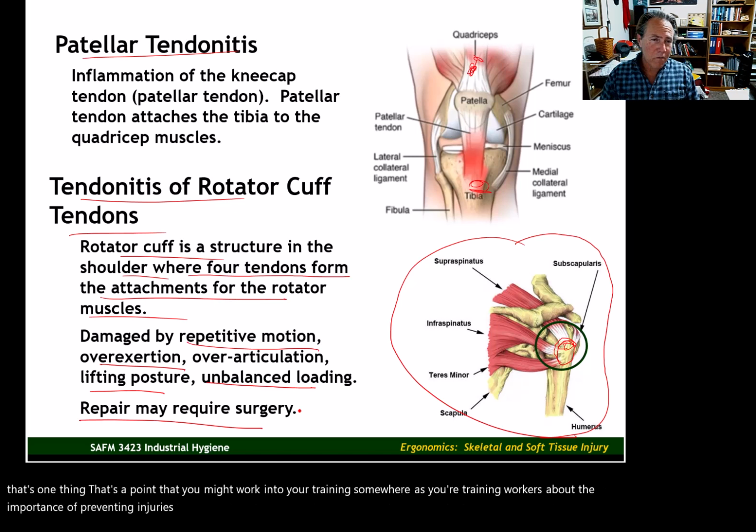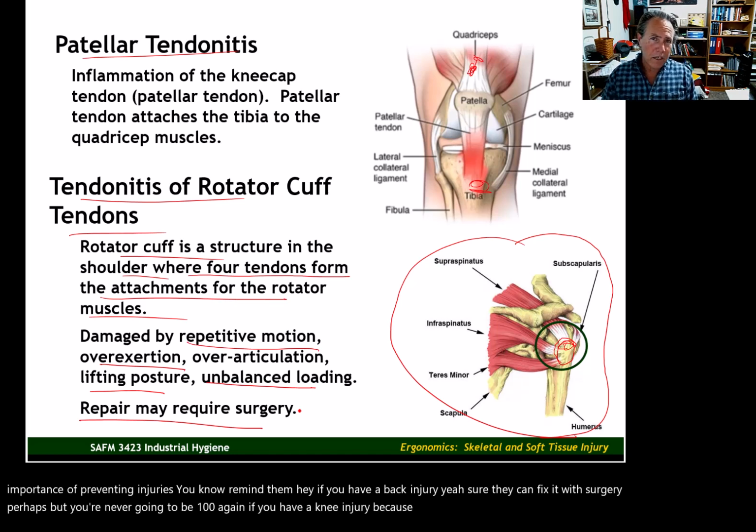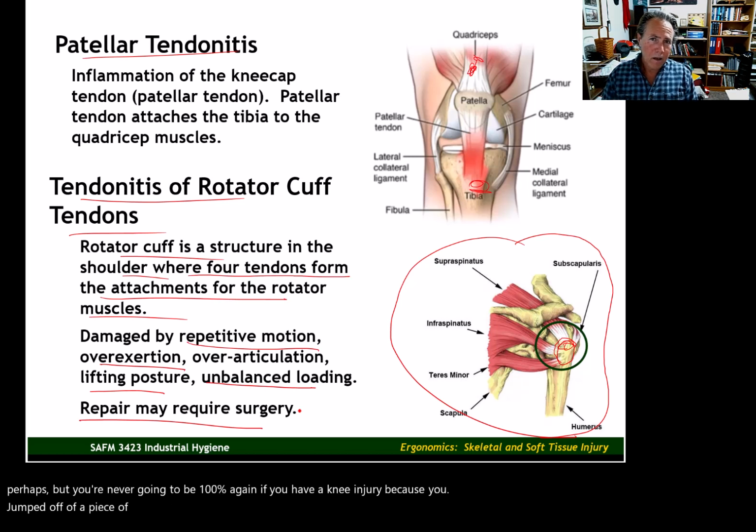Remind them, hey, if you have a back injury, yeah, sure, they can fix it with surgery perhaps, but you're never going to be 100% again. If you have a knee injury because you jumped off of a piece of equipment and blew up your knee, they can fix it, but you may never walk right again. You may never be 100% again.